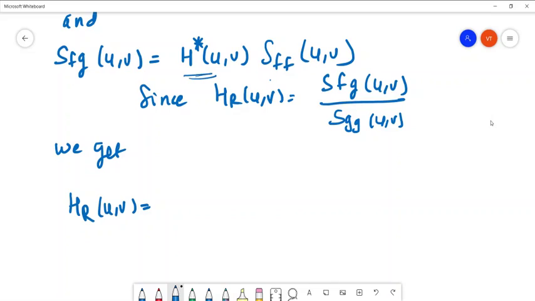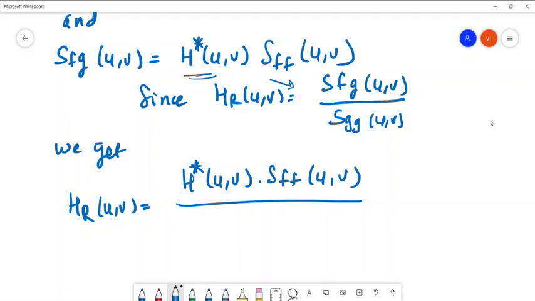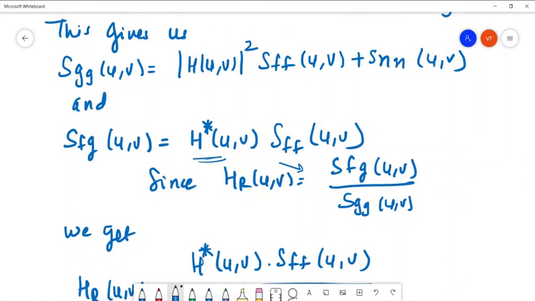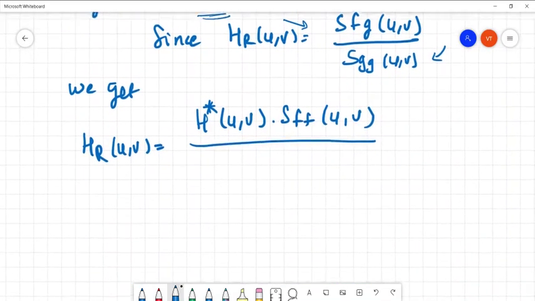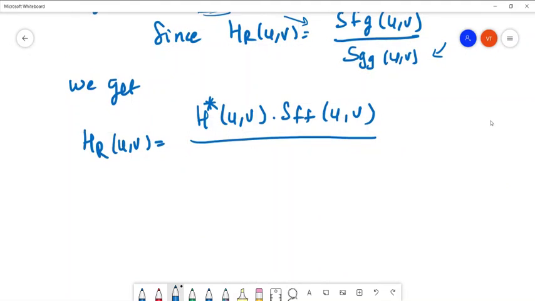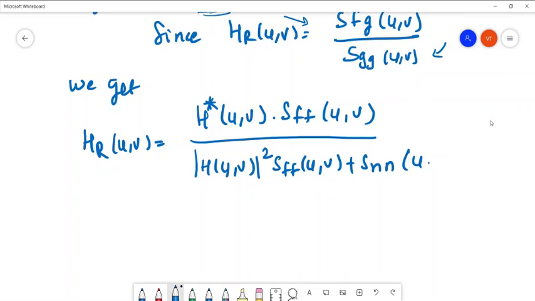You have to substitute this here, so you will get H complex conjugate (u,v) Sff(u,v) upon, what is Sgg? You can take it from here and substitute it, so you will get mod H(u,v) squared Sff(u,v) plus Snn(u,v). This is equation 11.